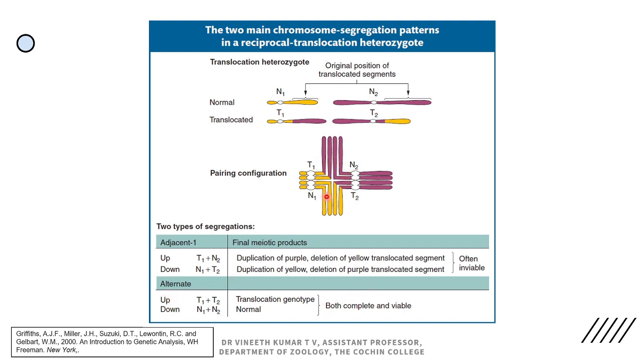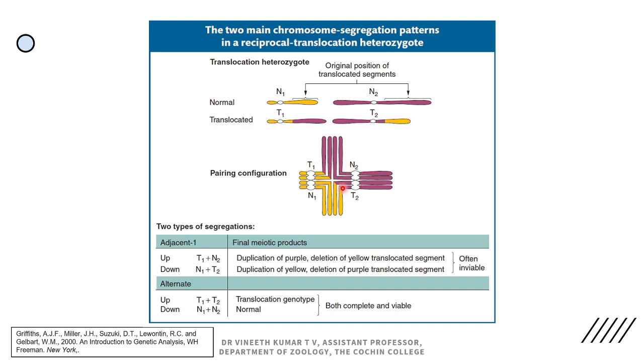But when it is alternate, in the sense T1 and T2, in the diagonal fashion, T1 and T2 move on to one cell and N1 and N2 to the other one. If segregation happens like this, one will have the translocation genotype and the other, N1 and N2, as you see, is normal. With alternate segregation, these two move to one cell and these two move to the other cell.